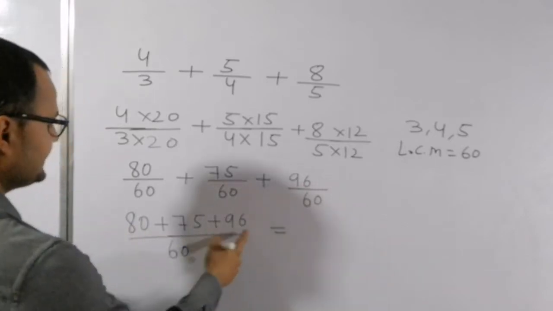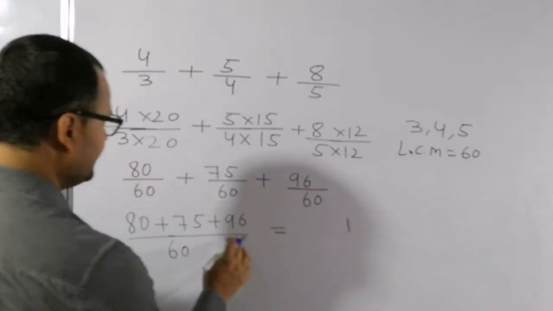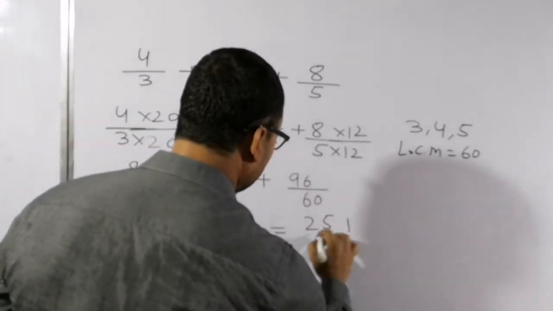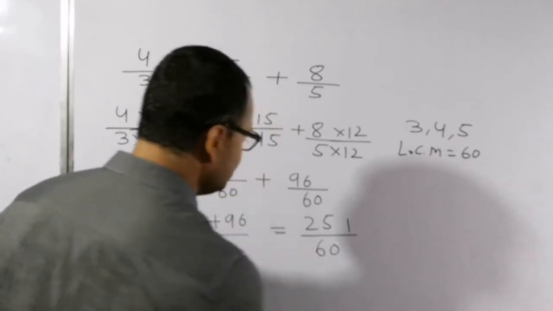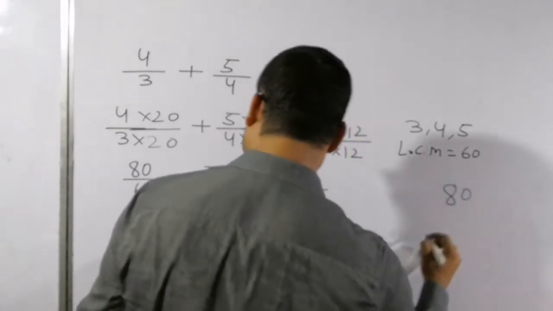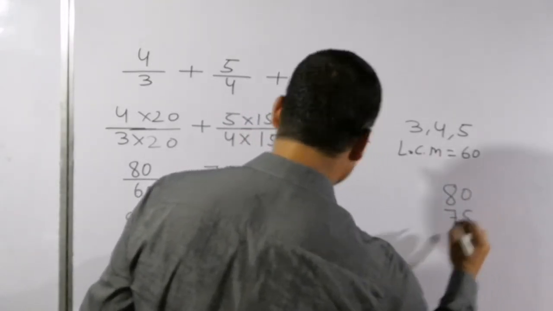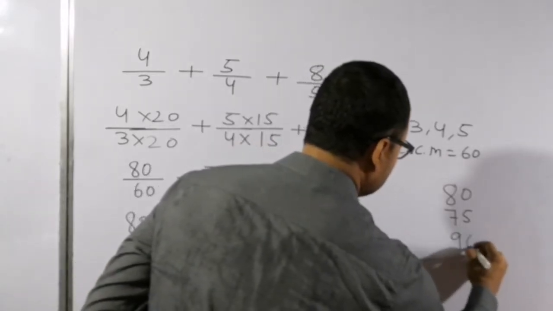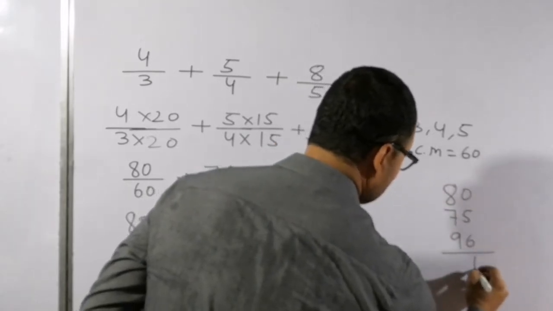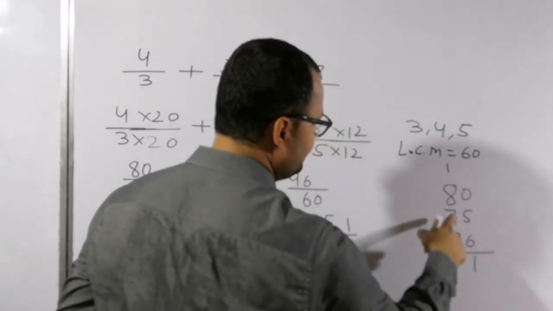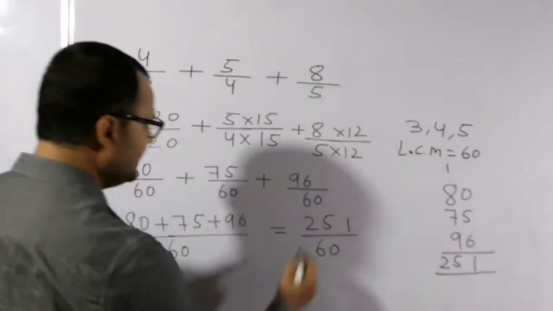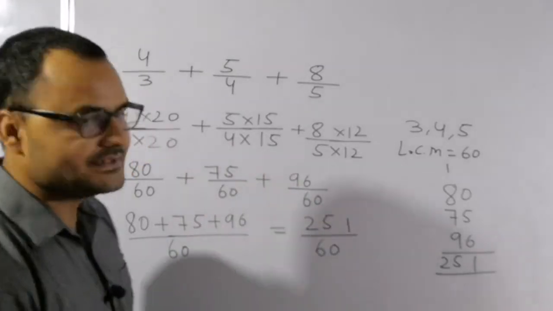So add these 3. 6 plus 5 means 11, 1 carry. 8 plus 1, 9 plus 7, 16 plus 9, 25. You will get 251 by 60. This is the answer. So 251 by 60 is the right answer.